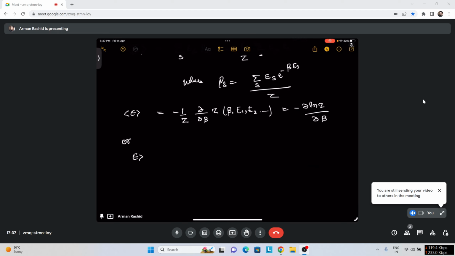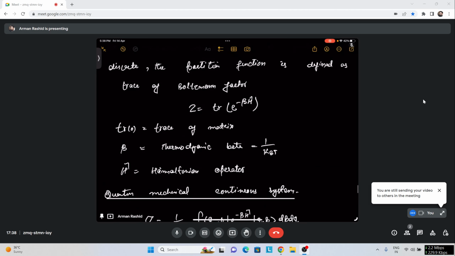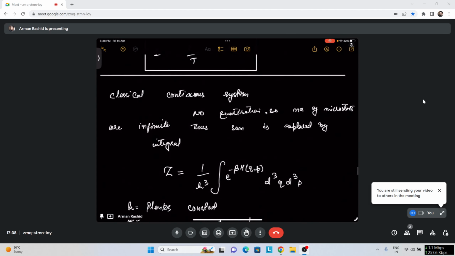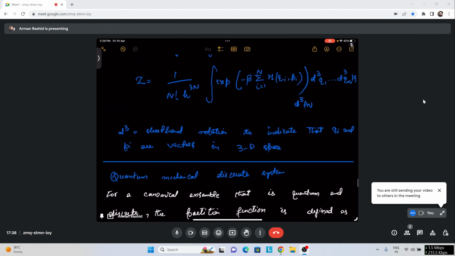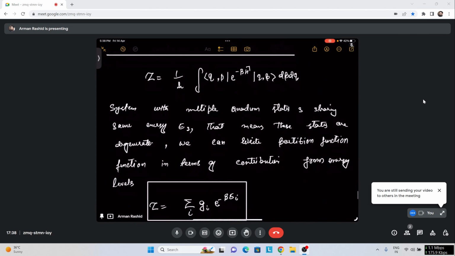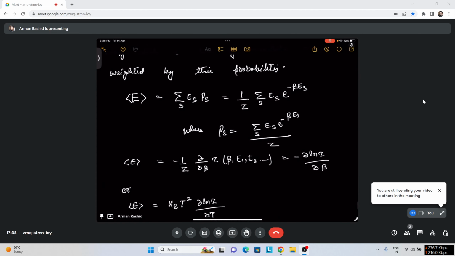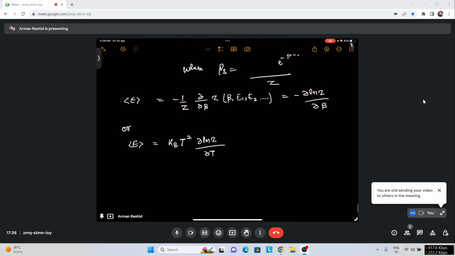Or we can write the expectation value E as kB T squared d ln Z by dT, where Z is our partition function, or canonical ensemble partition function. Okay, now we have determined this.